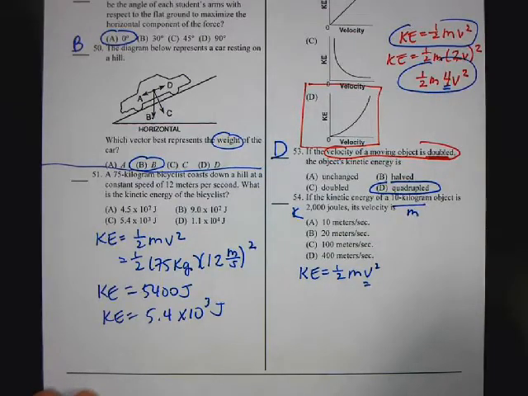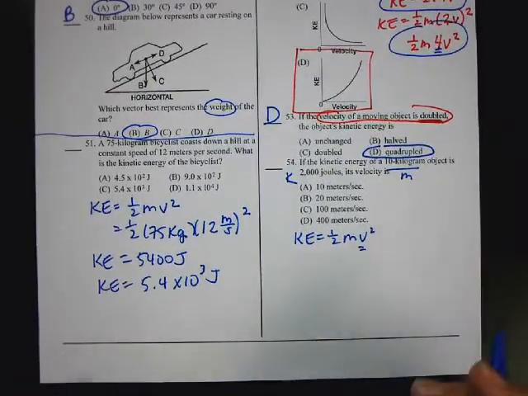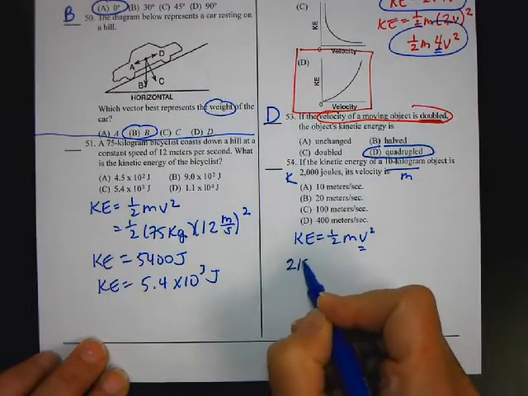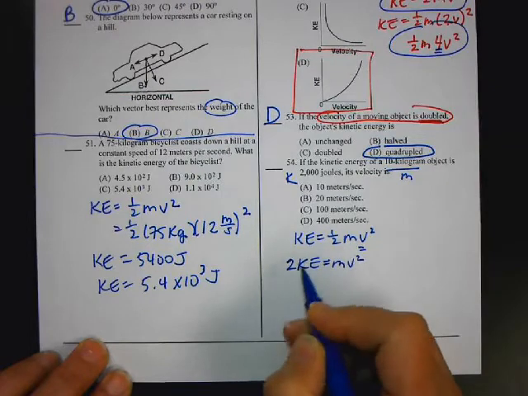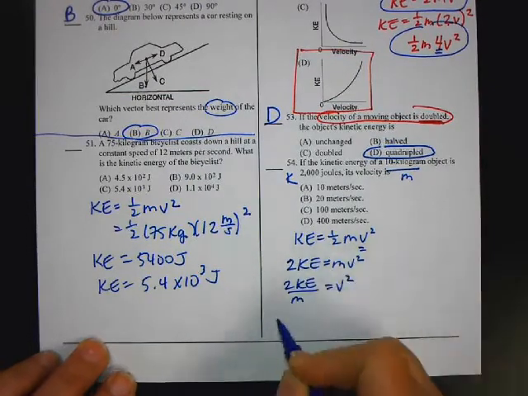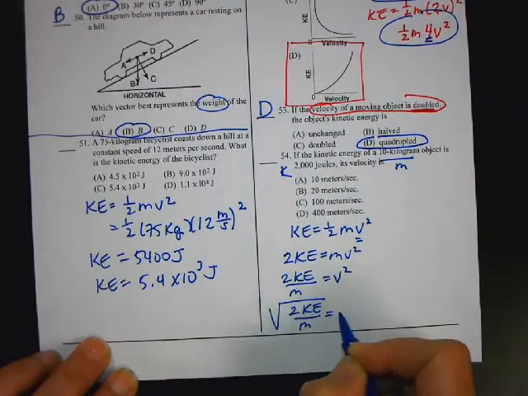That's how I make mistakes. I'm going to rearrange the equation to solve for the unknown in terms of the known. So I'm going to multiply both sides by 2. Then I'll divide both sides by m. And then I'm going to take the square root of both sides. So the square root of 2KE over m is equal to v.